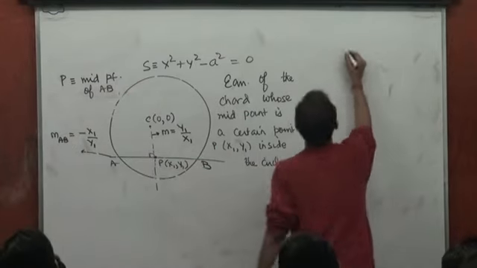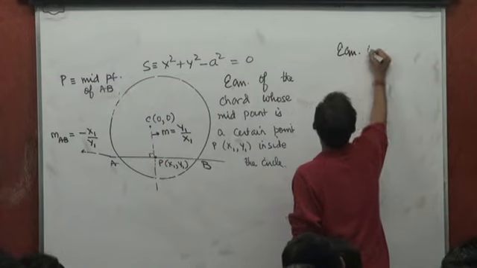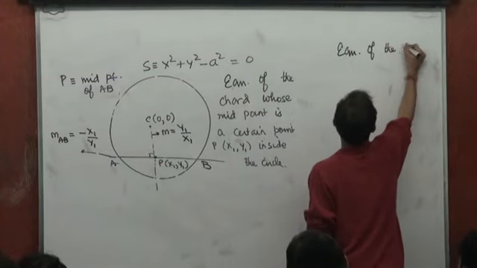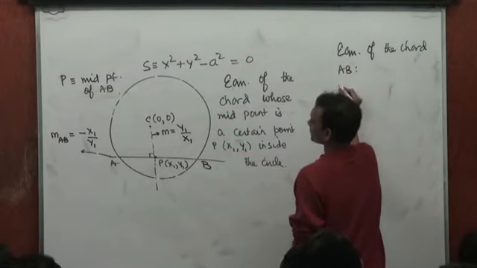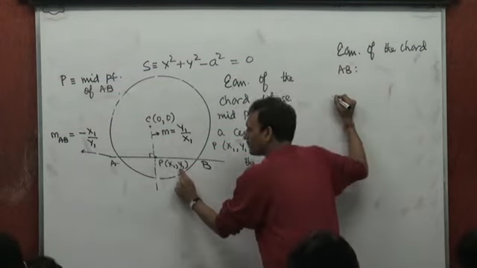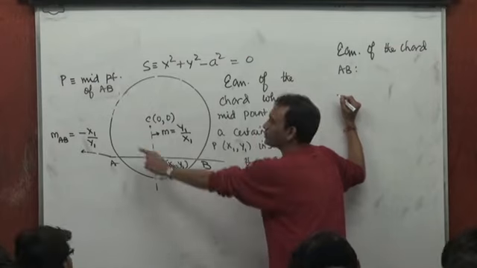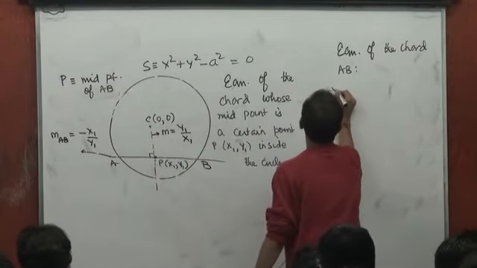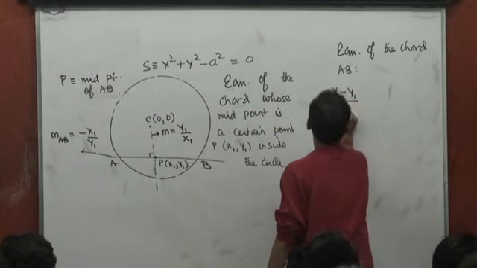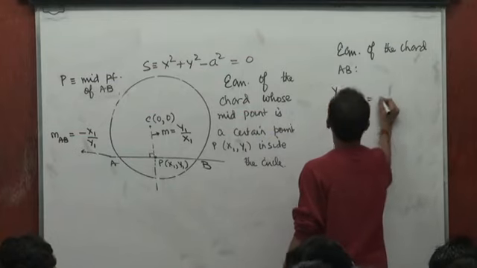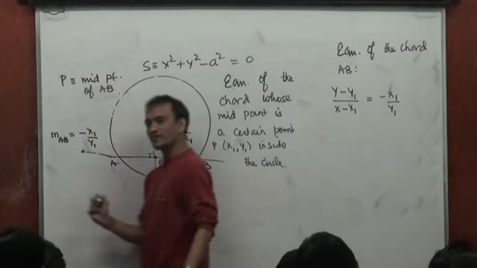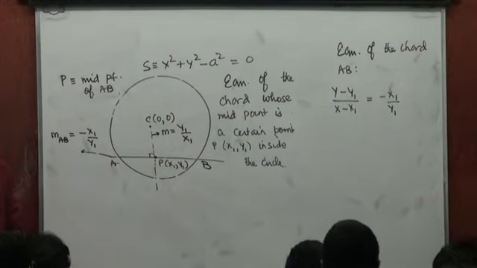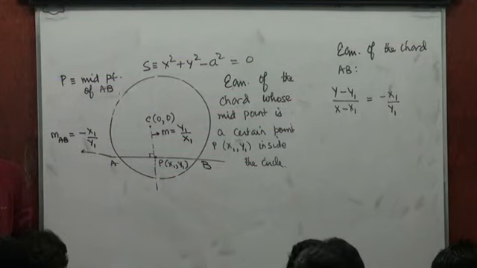The equation of chord AB is (y minus y1) by (x minus x1) equal to the slope, which is minus x1 by y1. Clear? Yes or no?